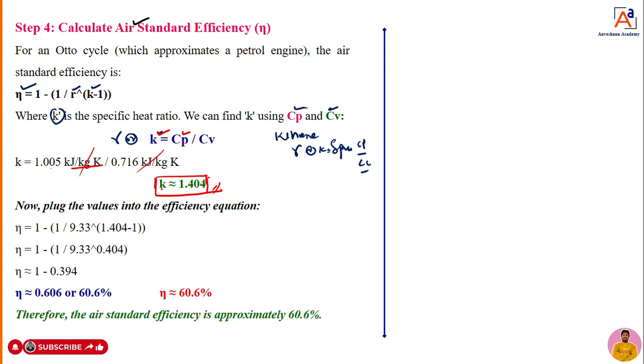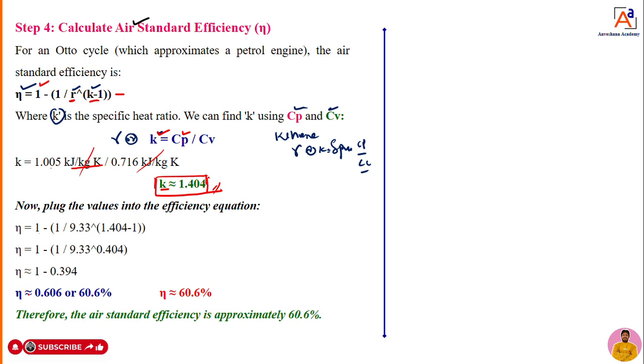Once you know this specific heat ratio K, you can easily calculate the air standard efficiency, because R we already calculated, that is 9.33. Substitute the R and K values in this equation. So efficiency is 1 minus 1 divided by 9.33 to the power of 1.404 minus 1.